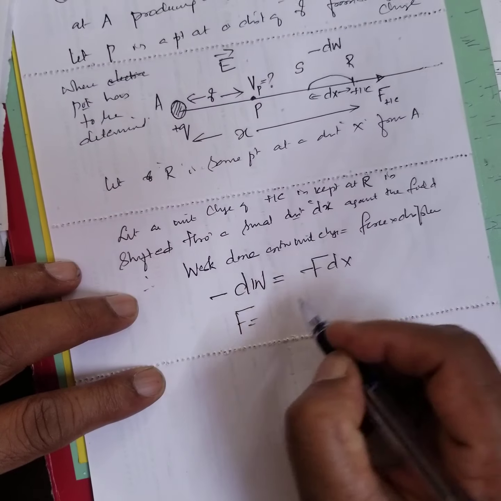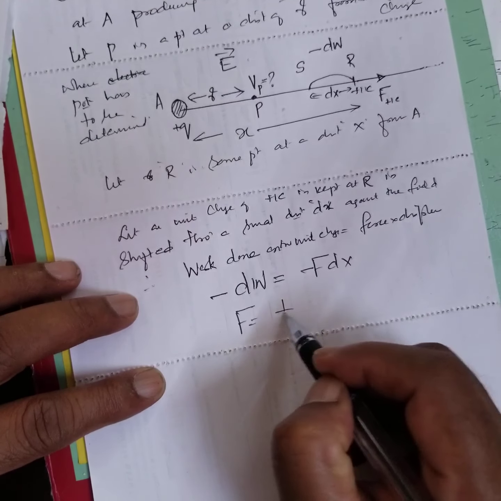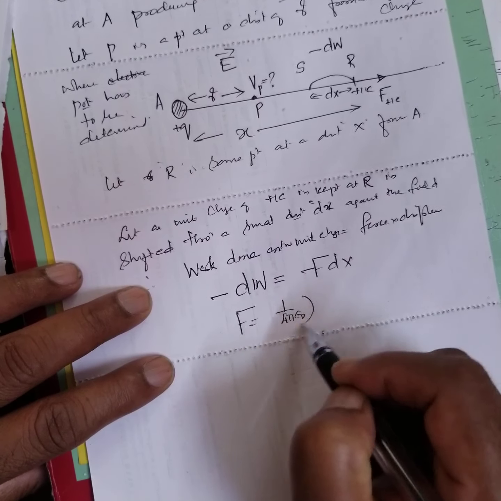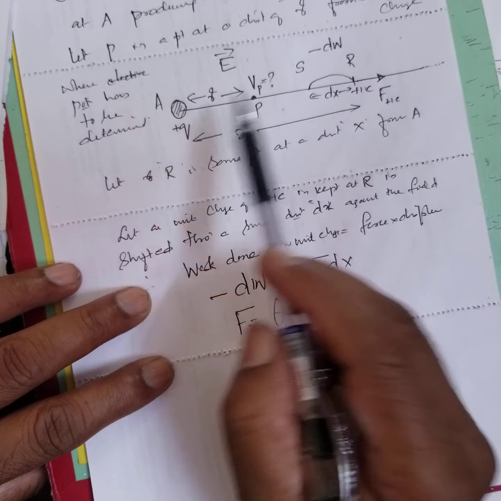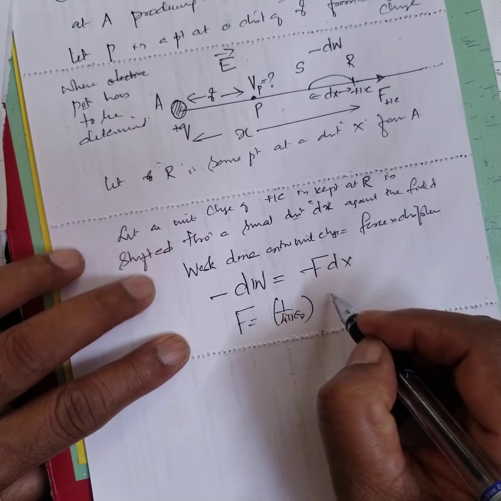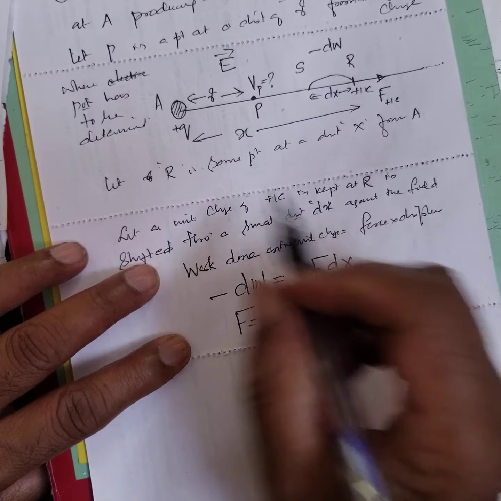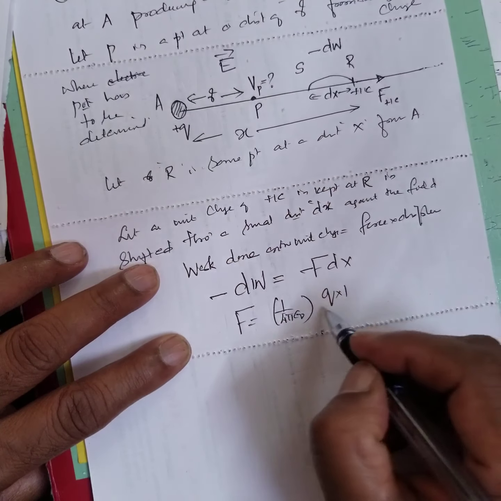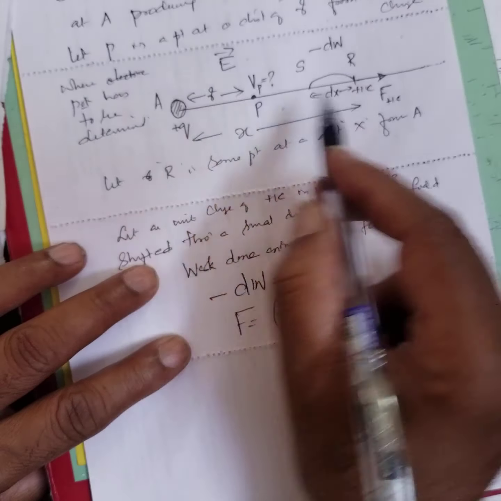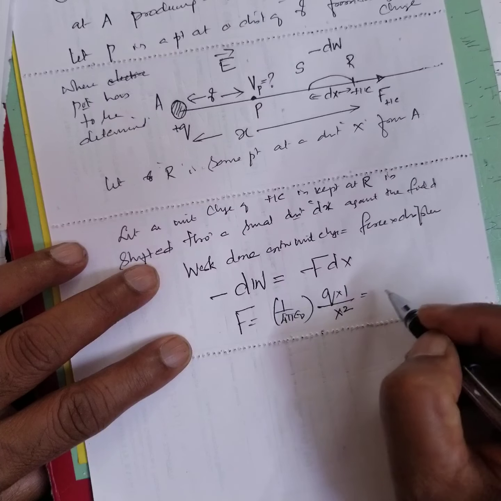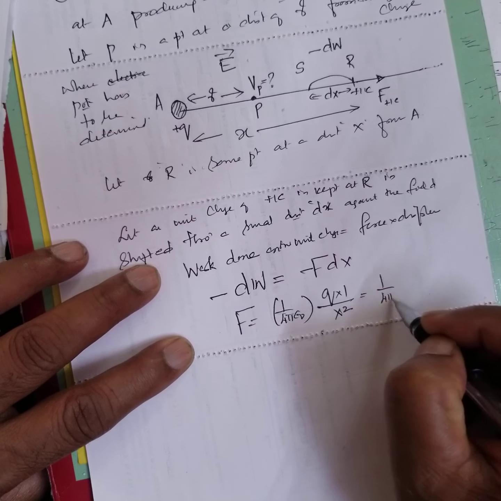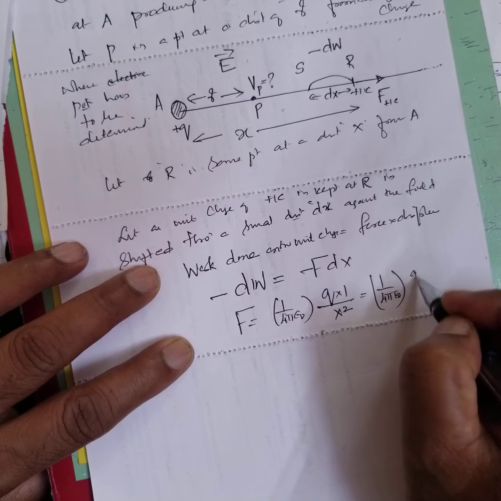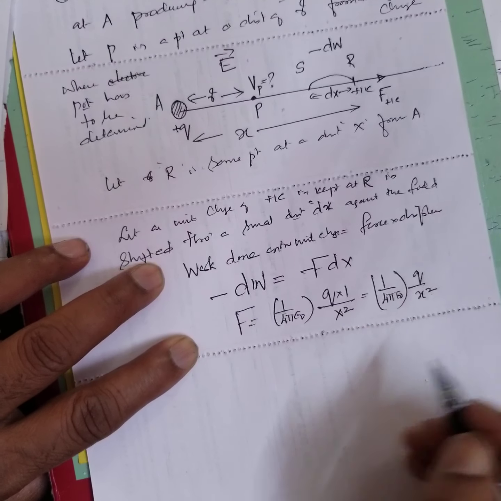The force is equal to 1 by 4 pi epsilon naught Q1 Q2 by the square of the distance, that is, 1 by 4 pi epsilon naught Q by x square.